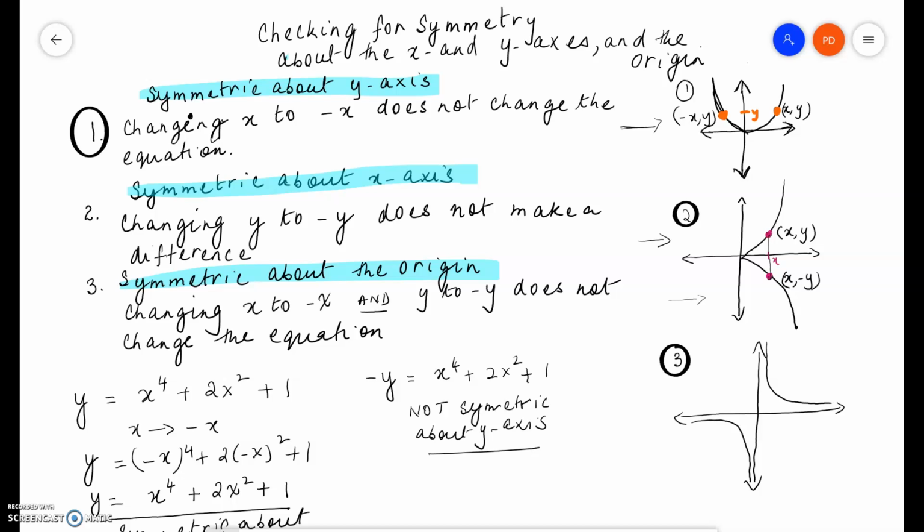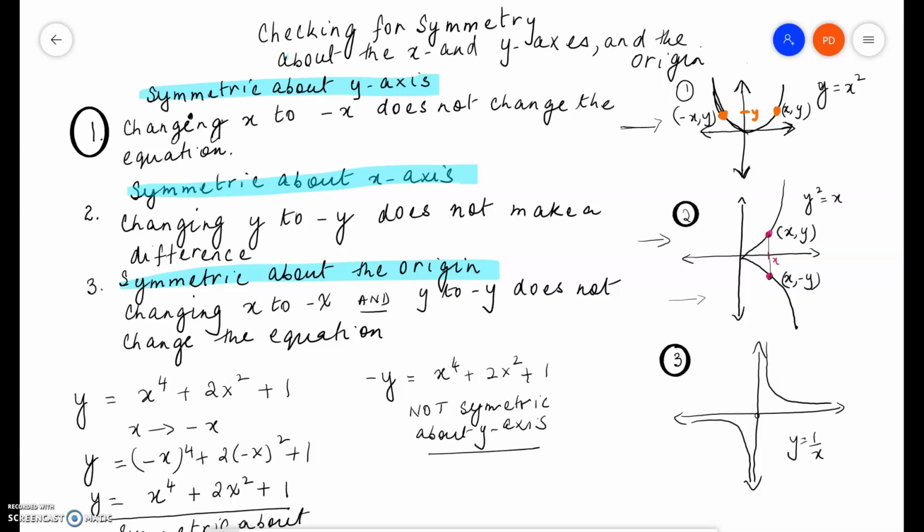So that would be an example of a graph that's symmetric about the origin. This is the graph of y equals 1 over x. This is the graph of y squared equals x. And this is a graph of y equals x squared, the parabola.